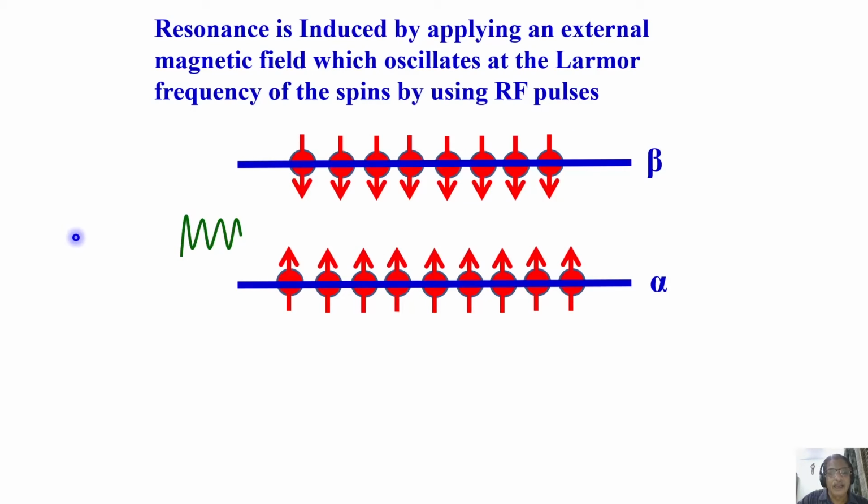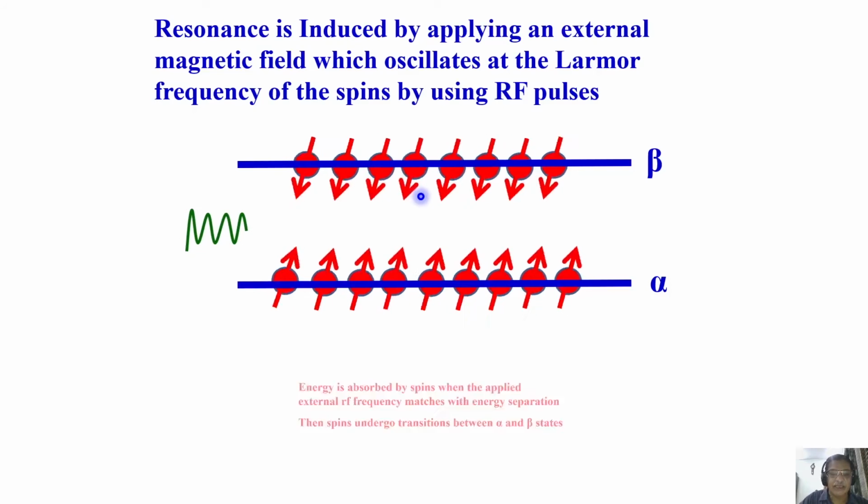I have to induce resonance by stimulating absorption or emission by sending another radio frequency signal, an oscillating electromagnetic field, an RF signal at the same frequency. It must be the Larmor frequency. Only then the frequency matches.